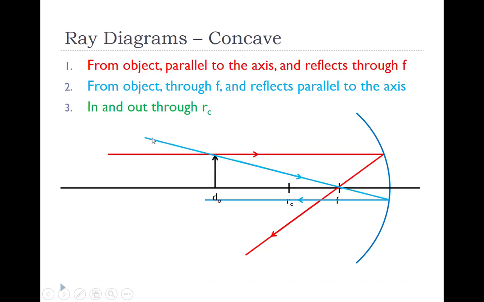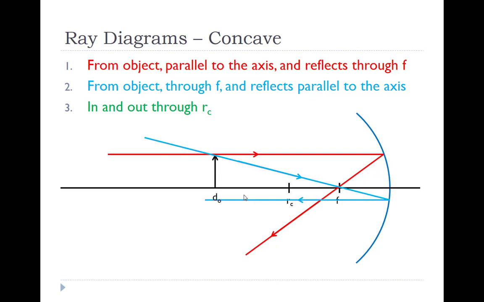The blue one comes in, it also hits the top of the object, and on its way in it hits the focal point, and then it reflects off parallel to the axis. The red ray and the blue ray are almost opposite of each other. The red one comes in parallel across the top of the object and reflects through the focal point.